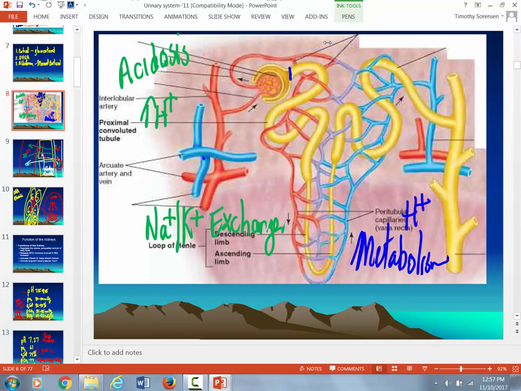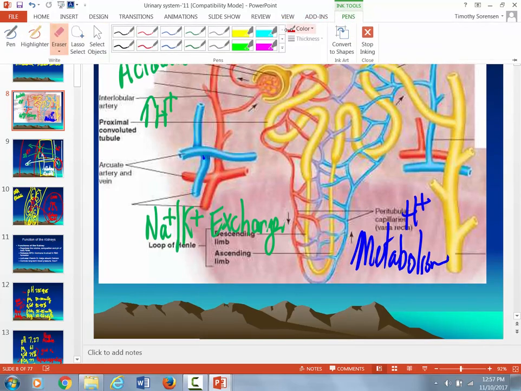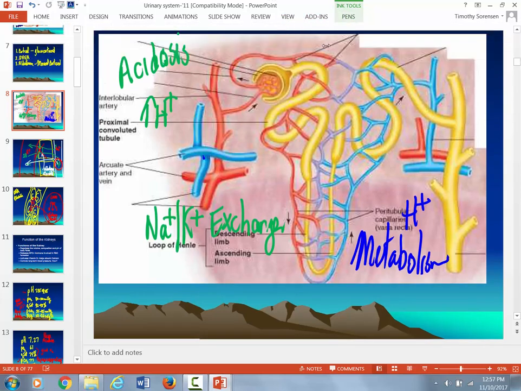How did the kidneys compensate? If you've got more hydrogen ions in the blood than normal, how do you get rid of those hydrogen ions? You dump them into the urine and you reabsorb what? Bicarbonate.